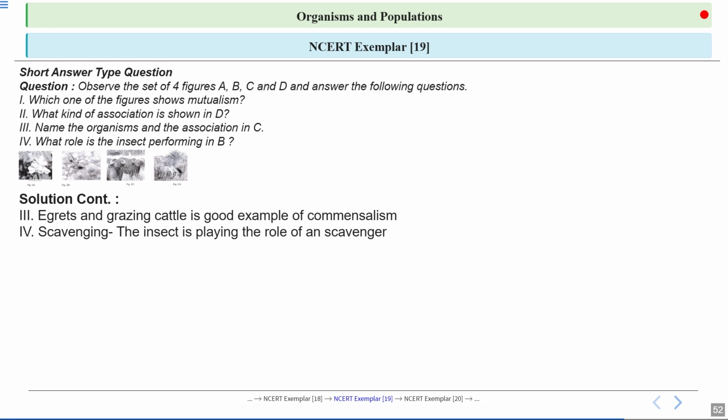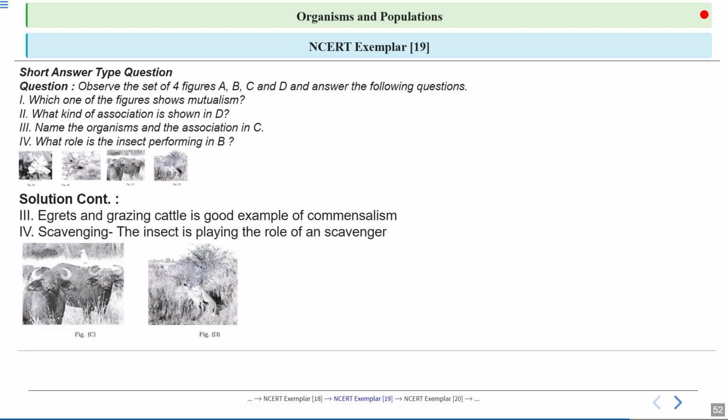Let's focus on the insect in figure B. The insect is acting as a scavenger here, which means it's cleaning up by feeding on dead organic matter. Scavengers play an important role in nature, just like garbage collectors in the city. So these are figure C and figure D.